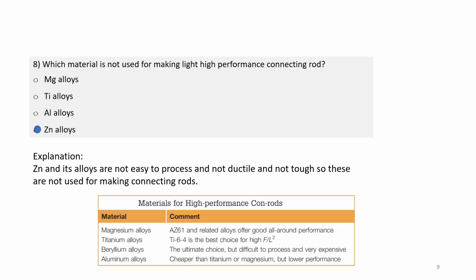So these are your parameters. If you're considering higher forces, then you choose titanium alloys. Next is beryllium alloys, the ultimate choice, but it is difficult to process and very expensive. Aluminum alloys are cheaper compared to titanium or magnesium, but they provide lower performance.